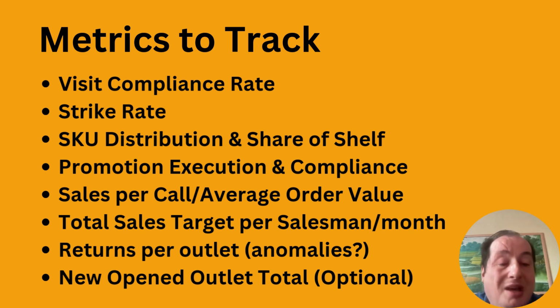You need to task your salespeople to do that first. NOO, or new open outlet, is a metric where, especially for very aggressive expansion, you need to find new outlets that contribute very significantly to weighted distribution. That is when NOOs are a metric that you need to apply. But like I said, it's optional.